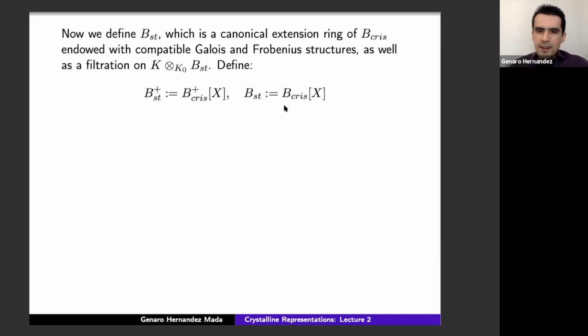Maybe you think it's a very dumb definition. Of course, the important thing would be to define the Frobenius and the Galois structures. But what I want to say is that maybe this is not the most common definition, because as I said, it's probably not the most useful one.